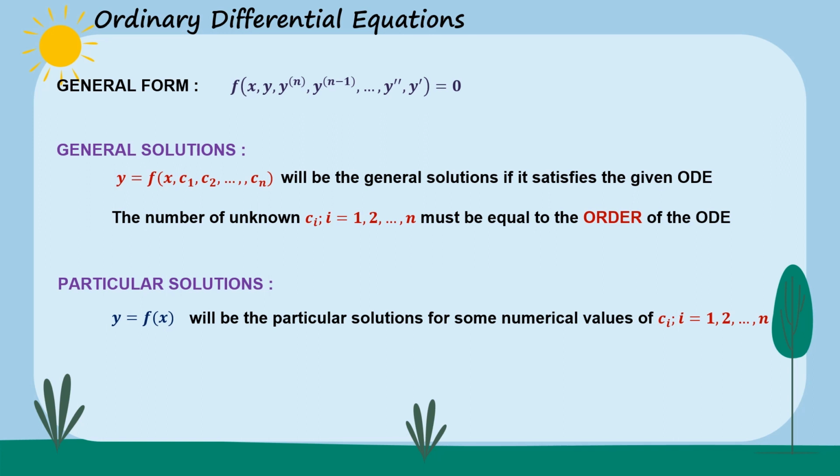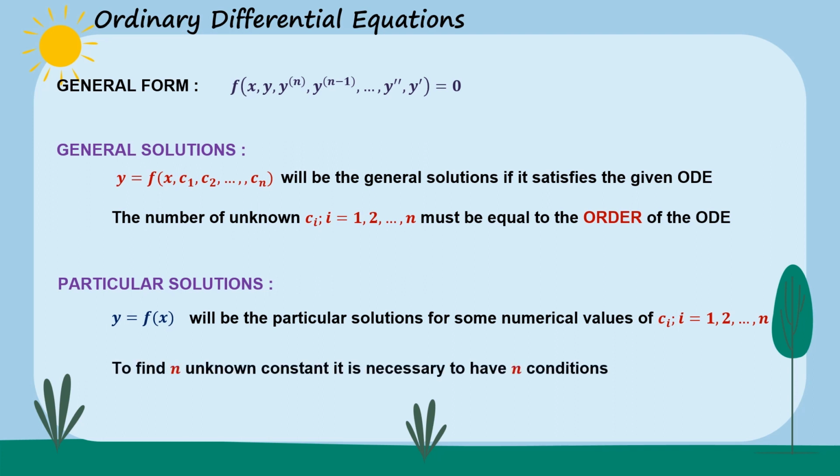To find the values of the constants, we need some given conditions, and based on those conditions we identify the particular values. So the basic approach: solve the differential equation, get the general solution, use the conditions on that, and then, using those conditions, we identify the particular solution.